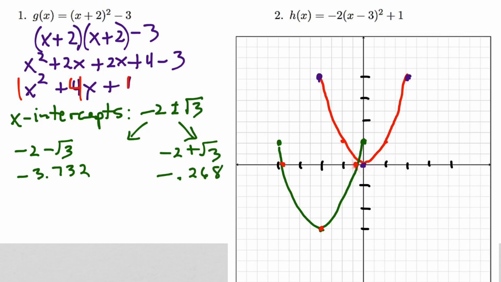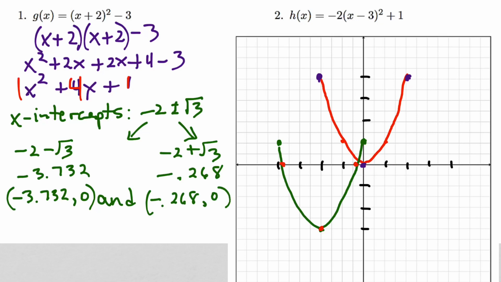This would be the negative 0.268, and this is the negative 3.732. So if you're going to write those as coordinate pairs, the one furthest to the left is negative 3.732. That's your x coordinate and your y coordinate. And then you've got negative 0.268, comma 0. So those are your x-intercepts.